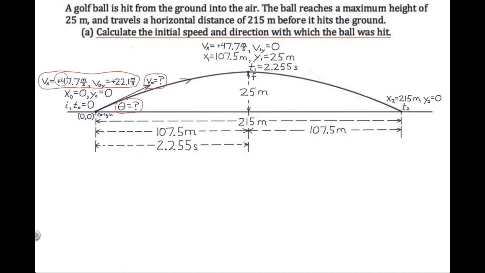So far, we've determined the components of the velocity at time 0, but Part A is asking us to find the magnitude and direction of the overall velocity vector at time 0. So now we need to use the components of the velocity at time 0 to determine the magnitude and direction of the overall velocity vector at time 0.